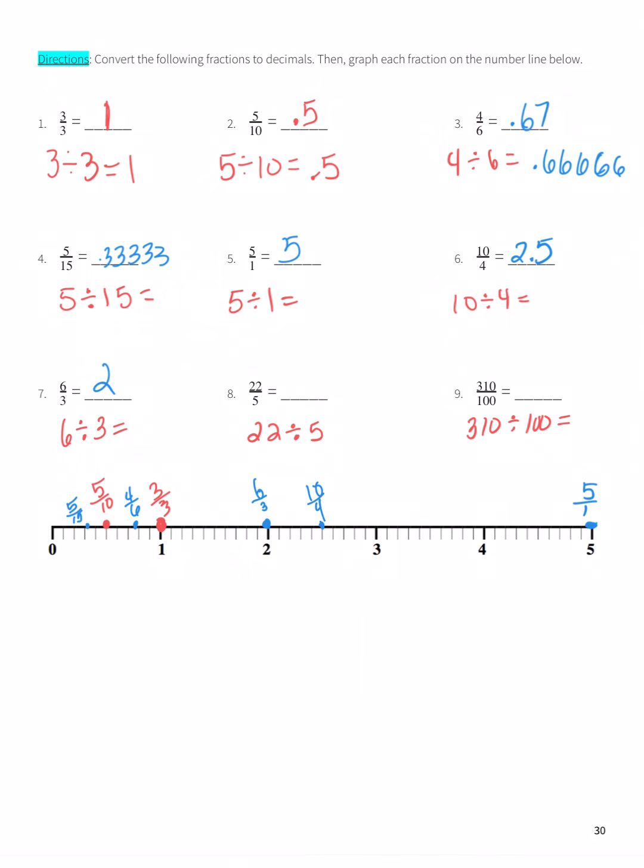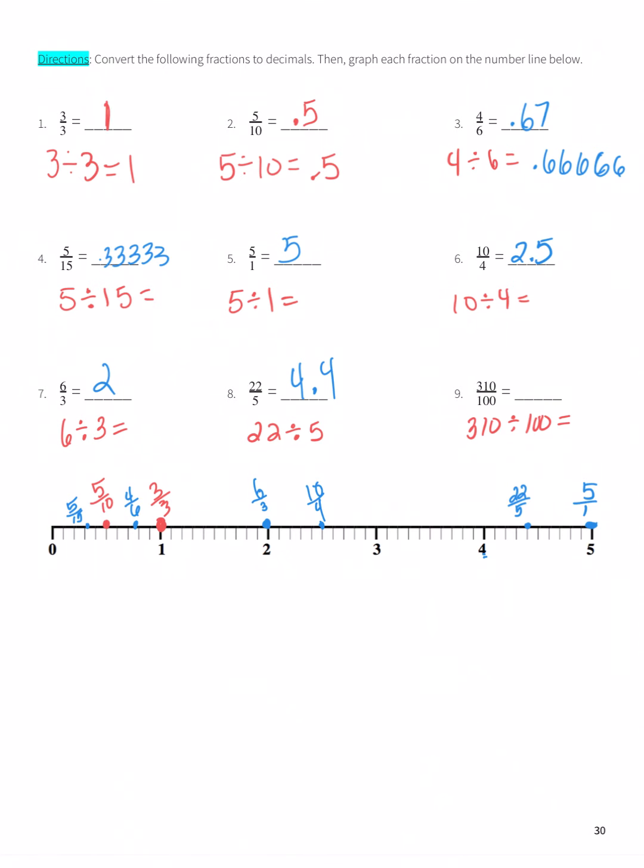All right, and we have 22/5. 22 divided by 5 is 4.4. So we go to the number line, 4.4. We know 4.4 is between 4 and 5. How many? Count over 4: 1, 2, 3, 4. So that would be 22/5. And last but not least, we have number 9, 310 hundredths.